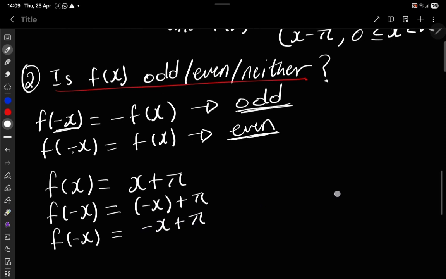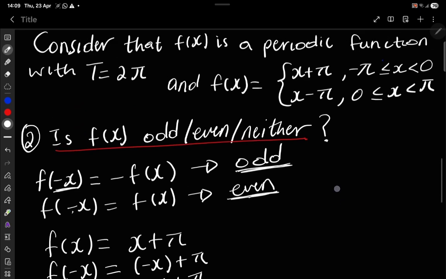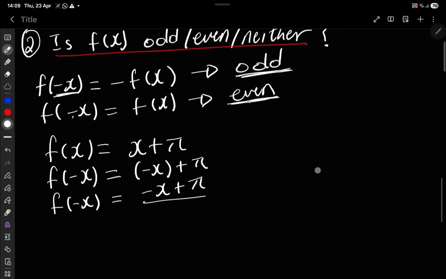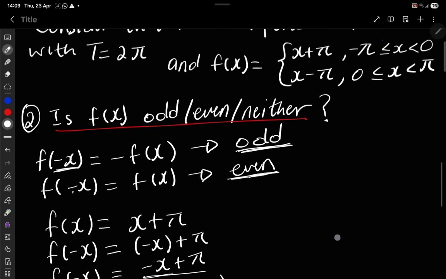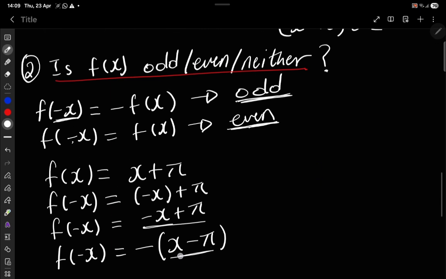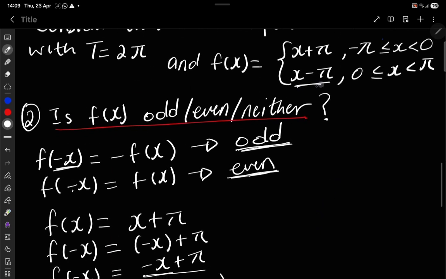You can see this has nothing in common with f of x or even minus f of x. So what you can do is try to take out the negative sign from the right-hand side. Then you are left with x minus pi if you do so. Then you can see, oh, there you have x minus pi. Therefore, at least this has something in common there.